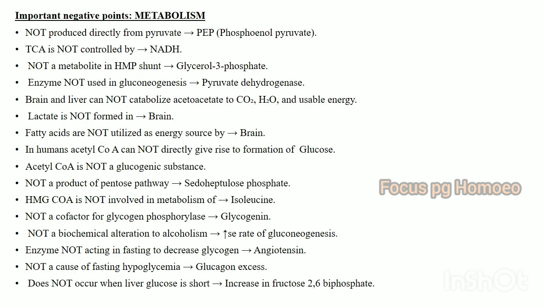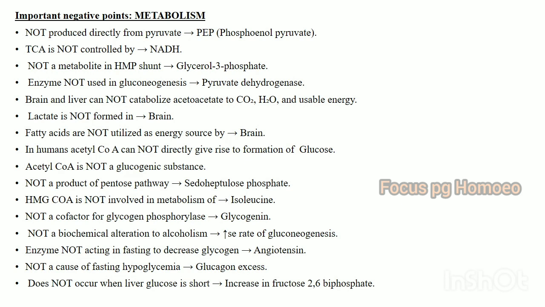Okay, these are single liner negative points of metabolism. For example, TCA is not controlled by NADH. The metabolite which is not there in the HMP shunt is glycerol 3-phosphate.